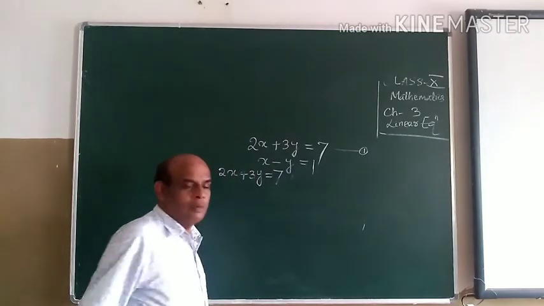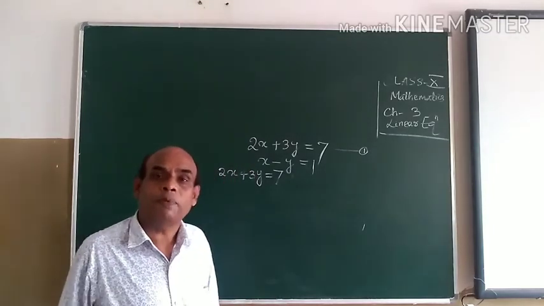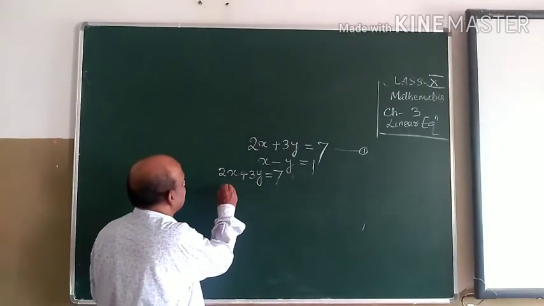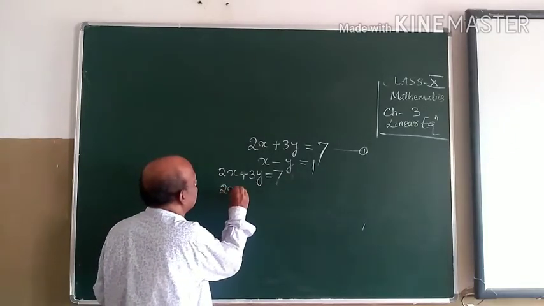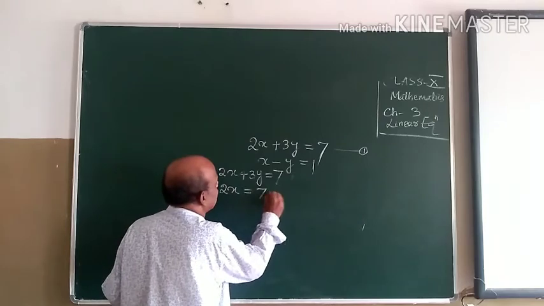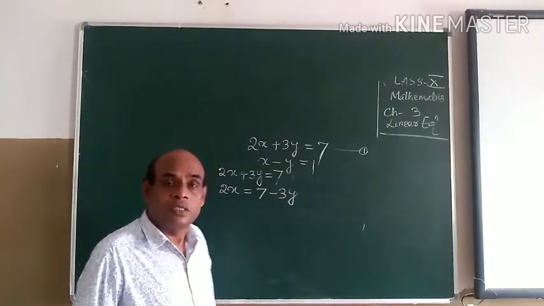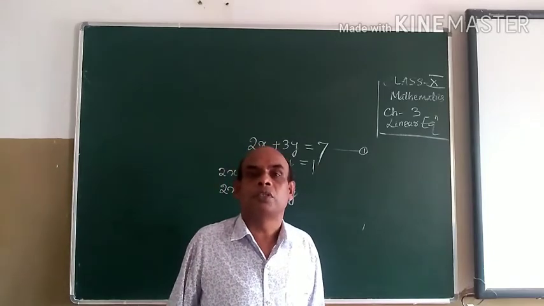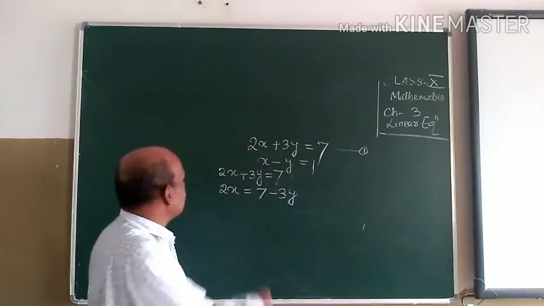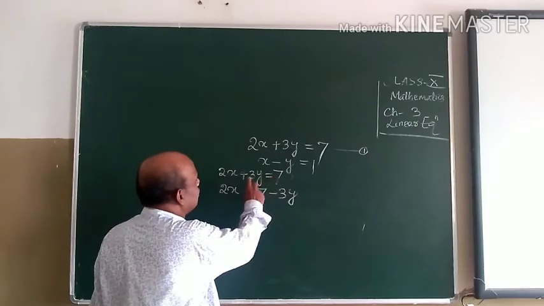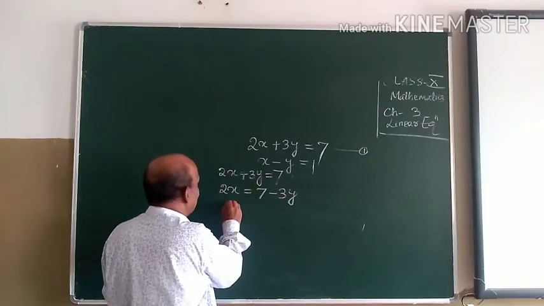Suppose I want to find the value of x. So I will write 2x is equal to 7 minus 3y. It means 3y will come to that side. So what is the value of x?